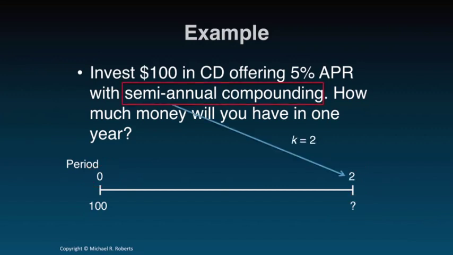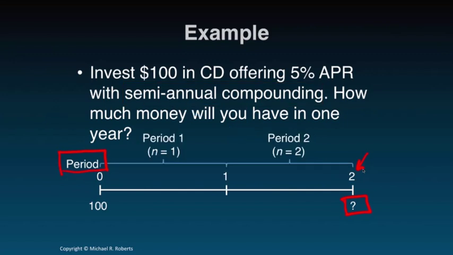The first is to work in periods. With semi-annual compounding, that means there are 2 periods per year. Since I'm interested in how much money I have after 1 year, that's after 2 periods. And these periods are every 6 months. Period 1, period 2.